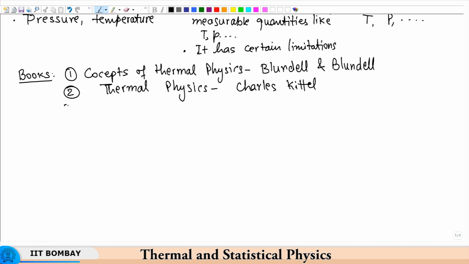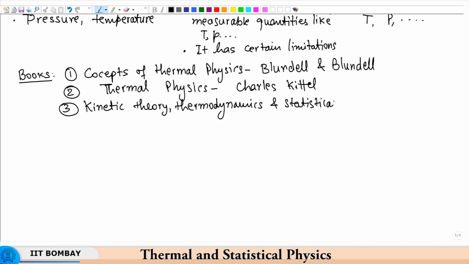Another very good book is Kinetic Theory, Thermodynamics, and Statistical Physics by three authors, Garg, Ghosh and Bansal.